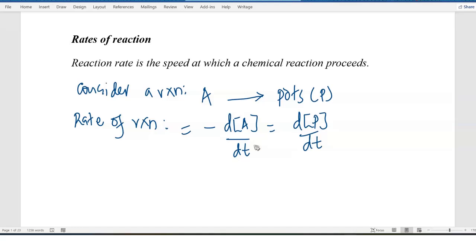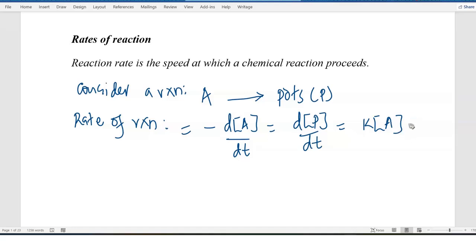Once we do that, we find that this is equal to k times the concentration of A, depending on the order of the reaction. For example, if we are talking about a first order reaction, then the reaction rate is going to be like this.